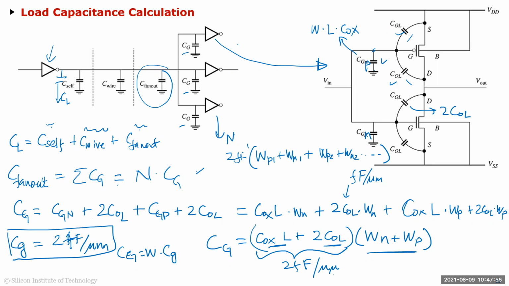So let's say you had one gate here with WP1, WN1, and this was WP2, WN2, and this was WP3 and WN3. Then you've already calculated for this technology 2 femtofarad. You just keep adding all the W's and multiply it with 2 femtofarad. Okay. All right. Any questions?